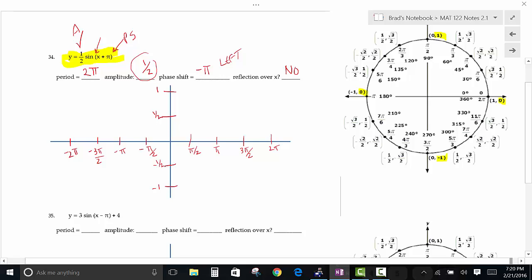So what we're going to do is go around the unit circle and plot these points. So you can look at the unit circle. We have a point 0, 0. We have a point pi over 2, 1. Pi, 0, and I'm not doing the phase shift yet. What I'm graphing right now is just the basic y equals sine x. So we want to start there. Okay, so we have 3 pi over 2, negative 1, 2 pi, 0.